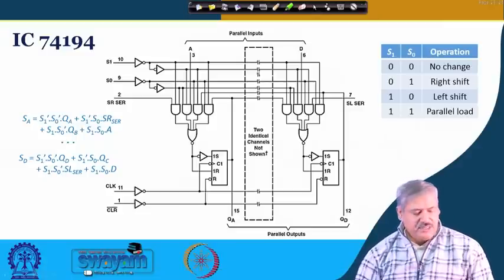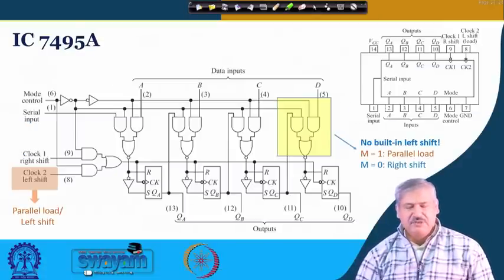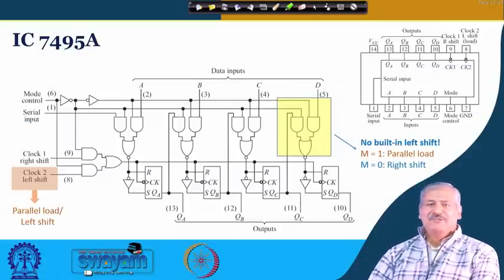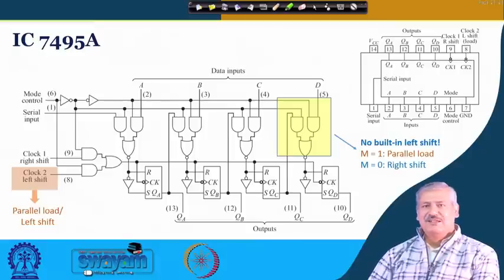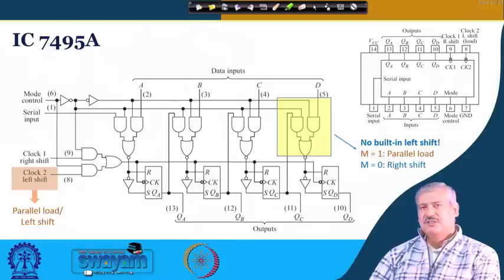So now we understand how this universal shift register works, but one IC that is often used in the lab is IC 7495 or 7495A, and it is not a universal shift register, if you look at the built-in things that are available, unlike the previous one that we just discussed.